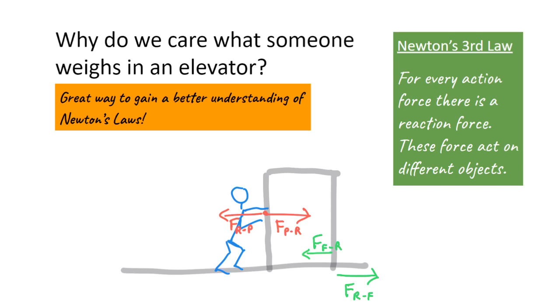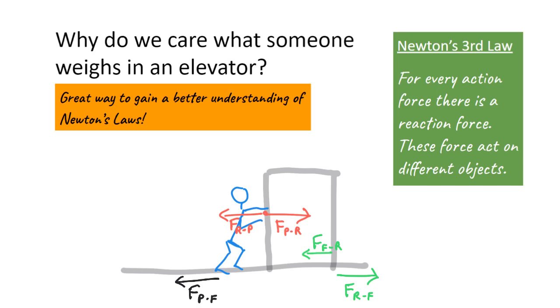Now, the person wouldn't be able to push the refrigerator if they were sliding backwards. So there also has to be a force between the floor and the person. So the person is going to exert a backward force on the floor. We know that's how we move forward in general. And so that's going to be force of person on floor.